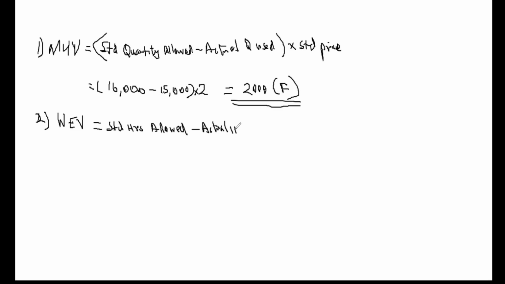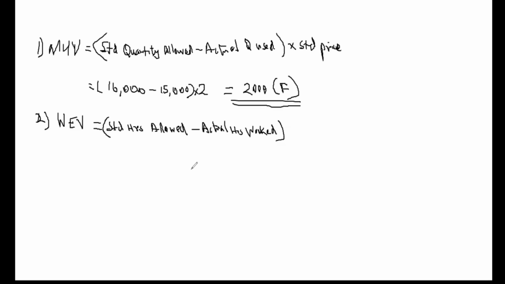Is it allowed or worked? Actual hours worked. Actual is always what has already been allowed. What is the difference between allowed and worked?